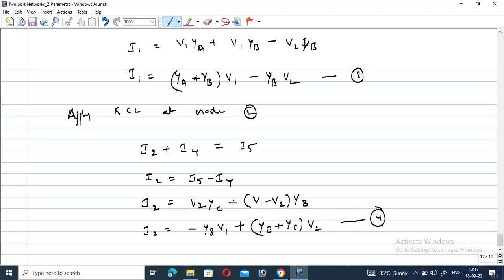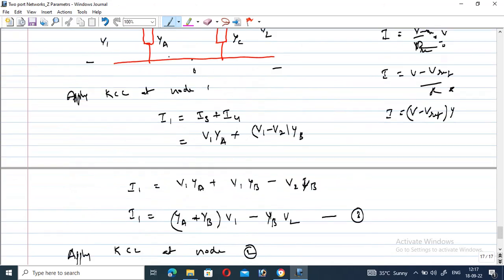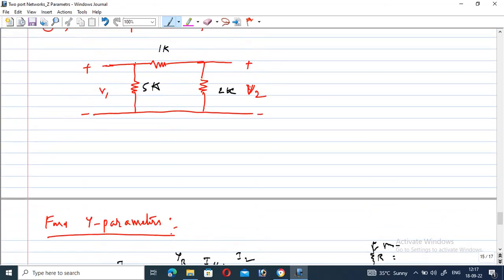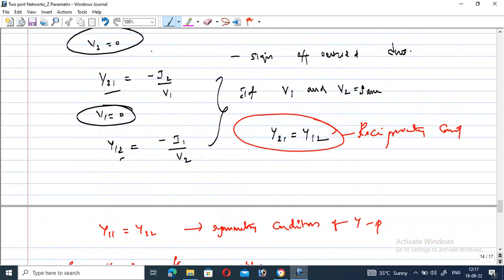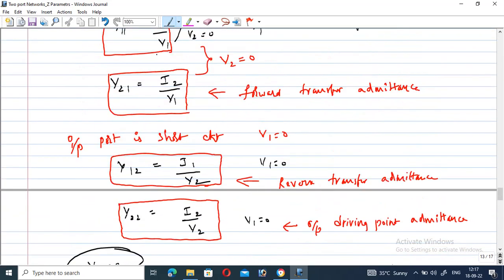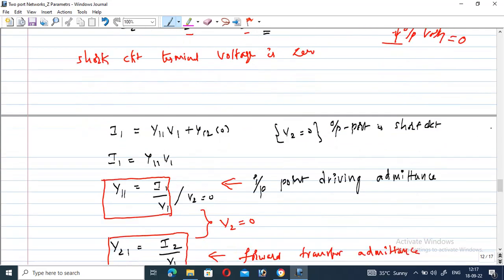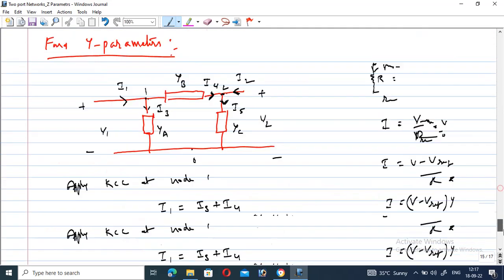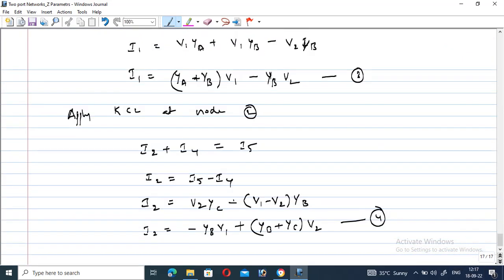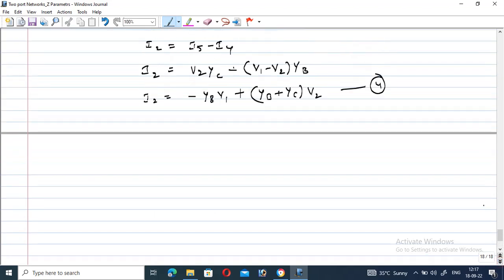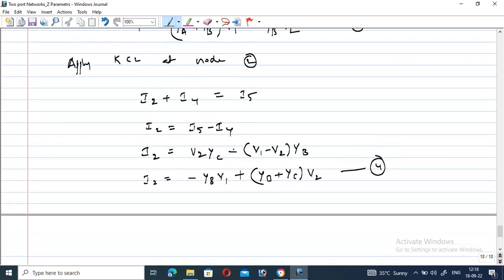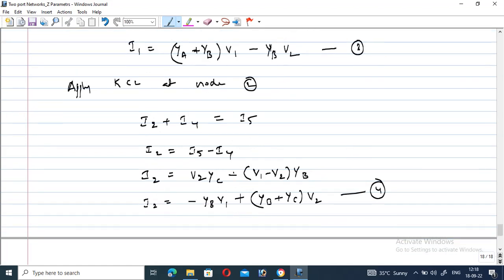Now, if you compare equations 3 and 4 with equations 1 and 2, we will get the Y11, Y12, Y21 and Y22 values. I will write it here beside this, it may be easy.